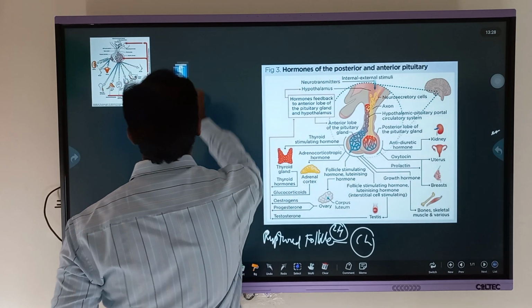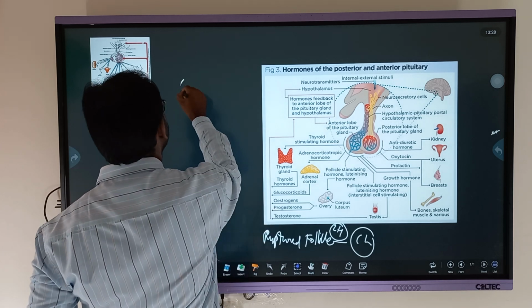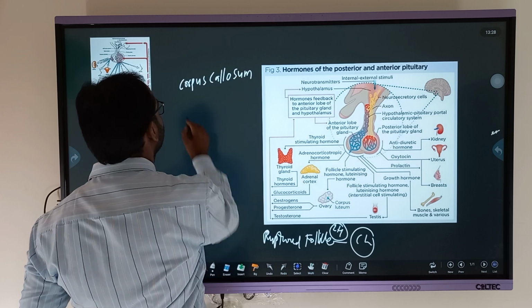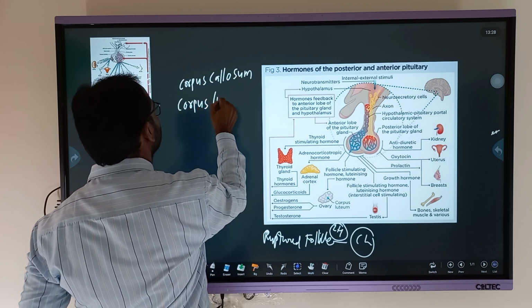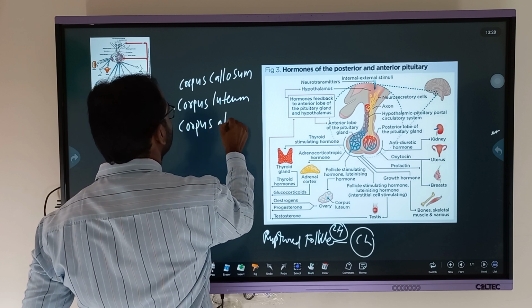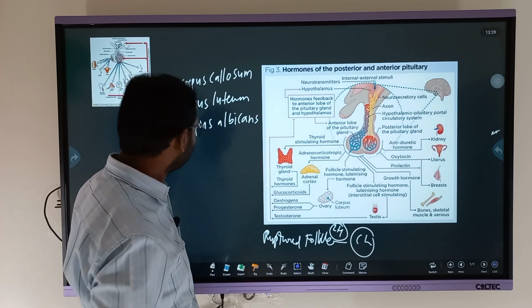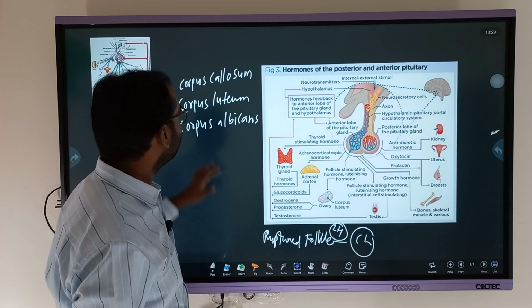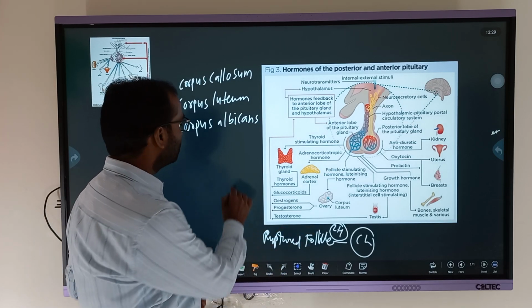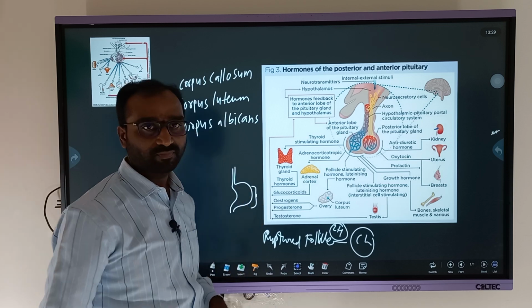Corpus luteum, corpus callosum, then corpus albicans. These three start with corpus only, but here the term corpus represents the body. Generally in the stomach, this portion is considered a corpus. Am I clear?